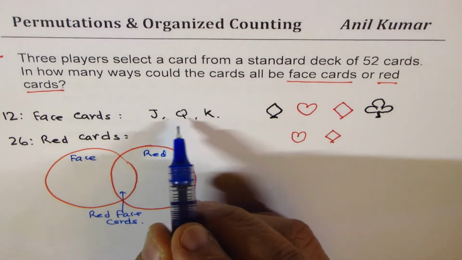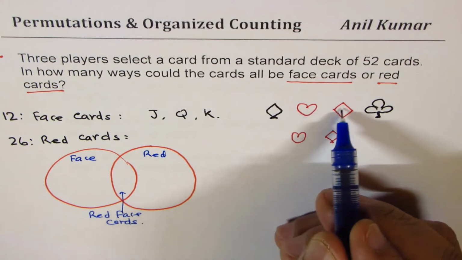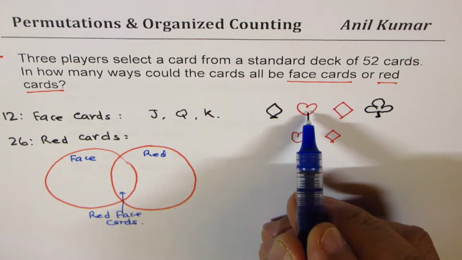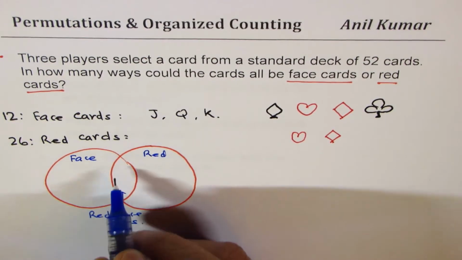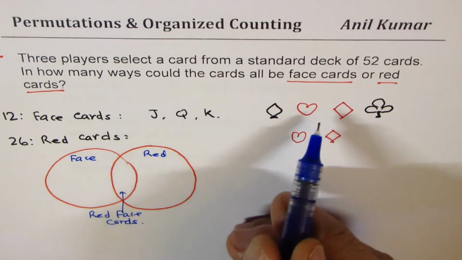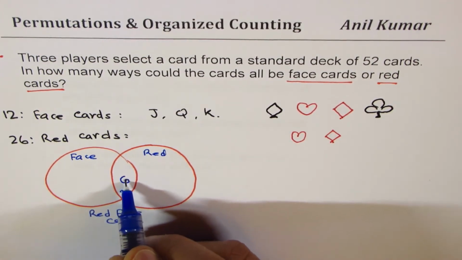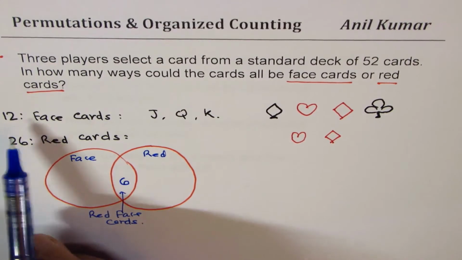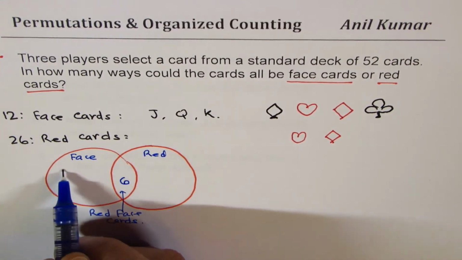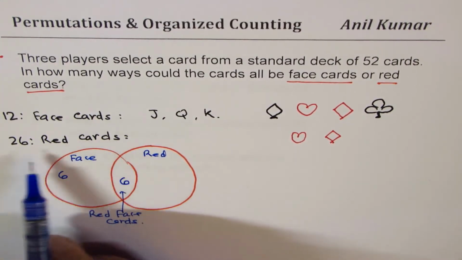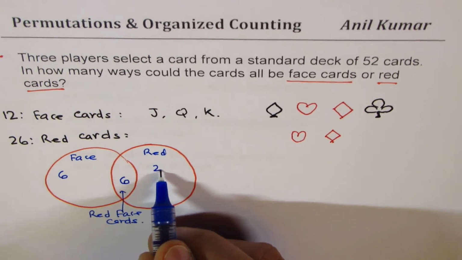Red face cards are of 2 suits, hearts and diamonds, and 3 of these, so they are 3 times 2, 6 in number. In total we have 12 face cards, that means 6 here, and red cards are 26, that means 20.